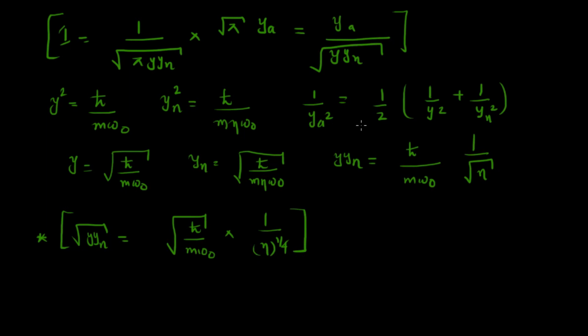So we have 1 by ya square to be 1 by 2 into 1 by y square plus 1 by yn square.